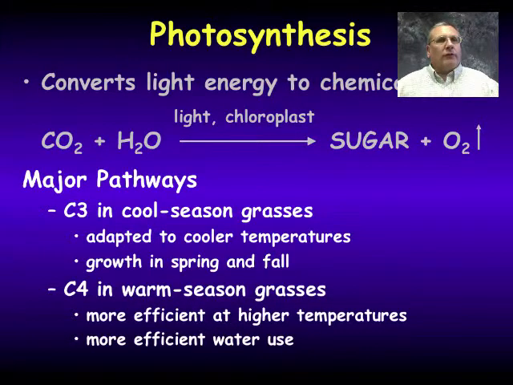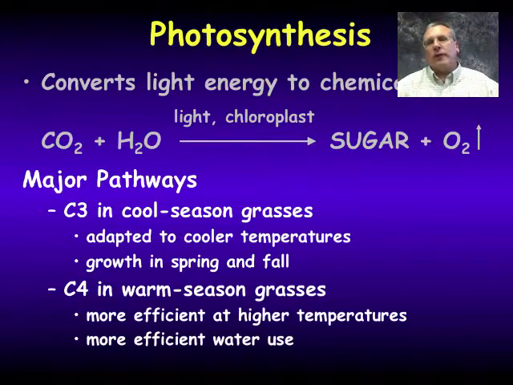Now, in contrast, we find our C4 pathway in our warm season grasses. And this is much more efficient at carrying out photosynthesis at higher temperatures. In fact, we don't reach optimum photosynthesis in our warm season grasses until we get to that 90 to 100 degree range. The other difference between our C3 and C4 grasses is that our C4 grasses, or our warm season grasses, are much more efficient at using water during the summer months.